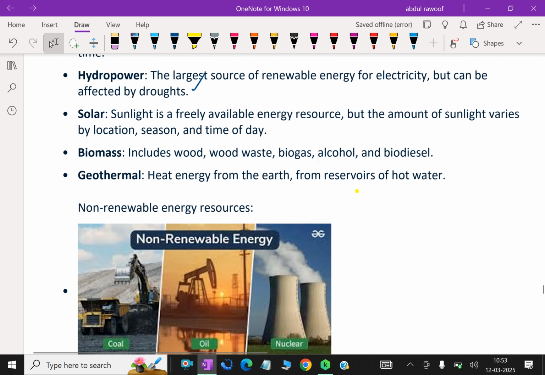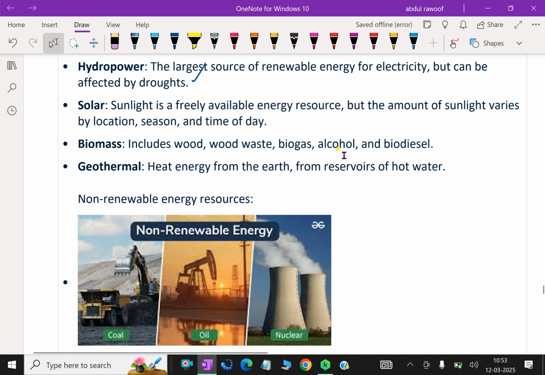Solar. Sunlight is a freely available energy source, but the amount of sunlight varies by location, season, and time of day. Biomass, including wood waste, biogas, alcohol, and biodiesel. Geothermal, heat energy from the earth from reservoirs of hot water.